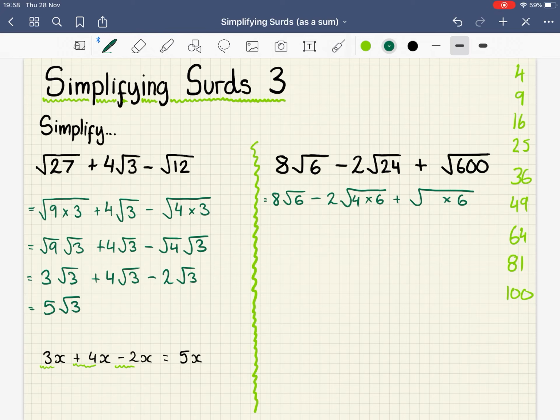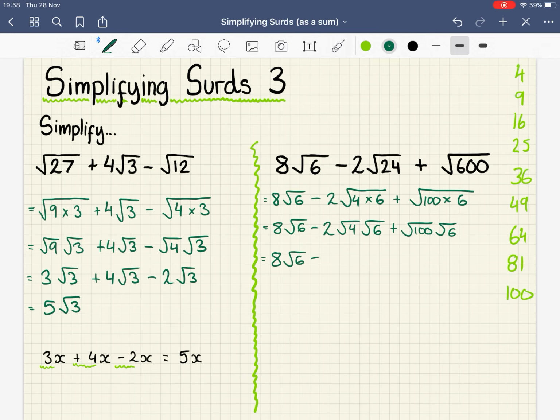Well, 4 times 6 would give me 24, and 100 times 6 will give me 600. And again, look at my list, 4's in there, 100's in there, so that's going to work. So that's now going to be 8 root 6 minus 2 root 4 root 6 plus root 100 root 6.